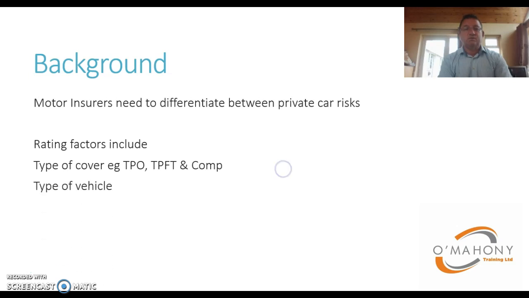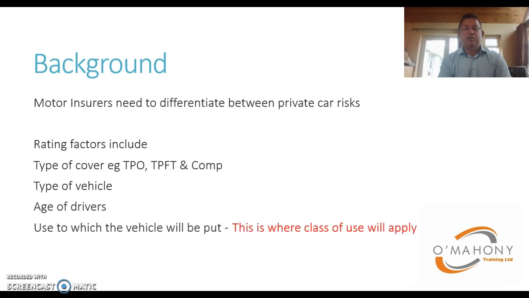They also use rating discrimination between the different types of vehicle. The age of the driver is another way that insurers differentiate between the various rates. And the fourth one is the use to which the vehicle will be put. And that's really where the class of use will apply.